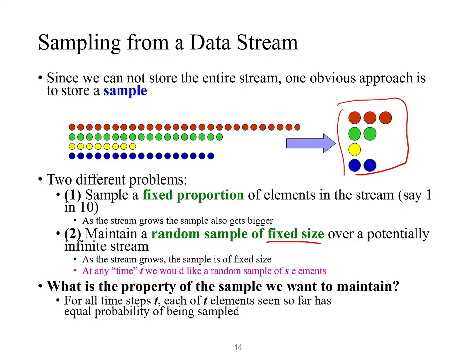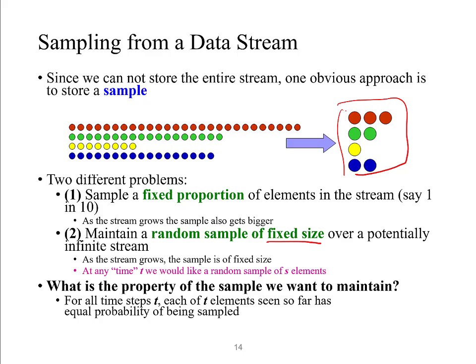Now, for both of these problems, what is the property of the sample that we want to maintain? This is important, as we want to know what we need to do. For all time steps t, each of the t elements seen so far has equal probability to be sampled.